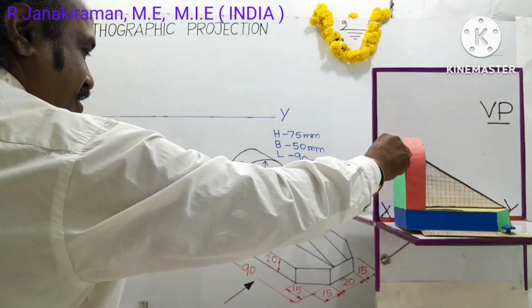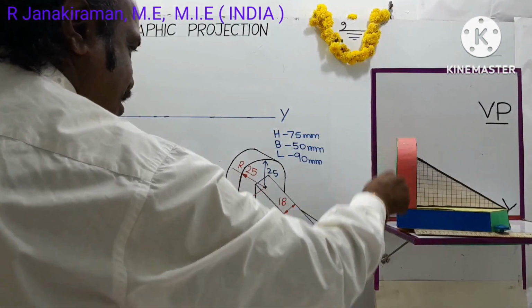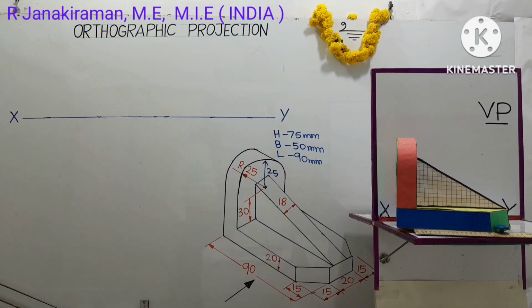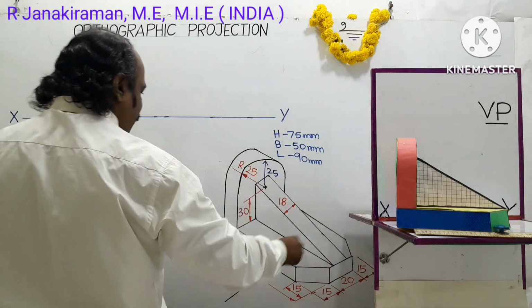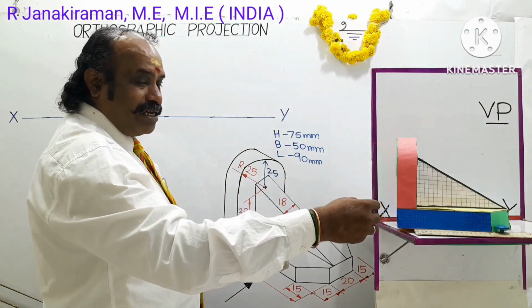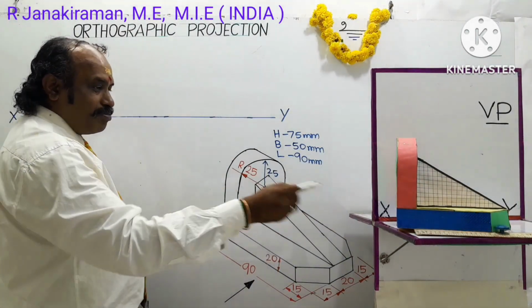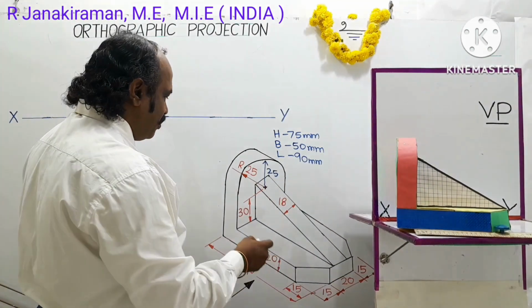This yellow green surface will be merged forming a single vertical edge. Only two dimensions will be visible to the observer. Like this, a three-dimensional drawing will be given in the examination or in practice. The object will not be given. Here I use it for understanding and explanation purposes. The corresponding object or model is also shown in this video.